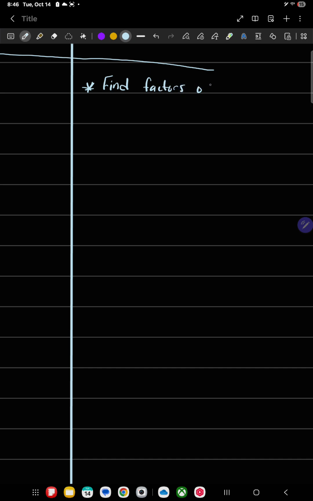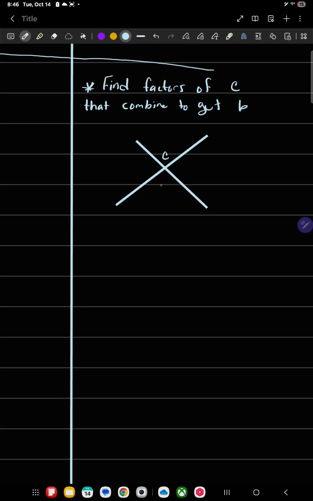Find factors of C that combine to get B. All right, remember we did this, and we said that our C is here and our B is here, and whatever satisfied that, you put the factors here on the side.